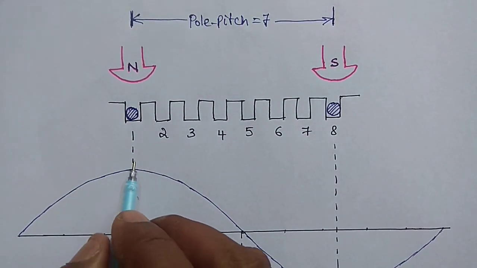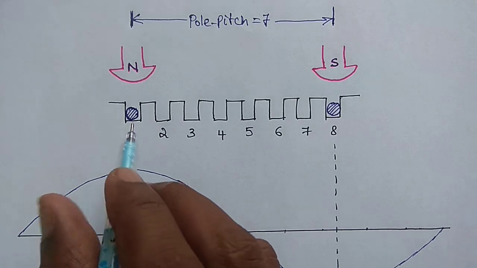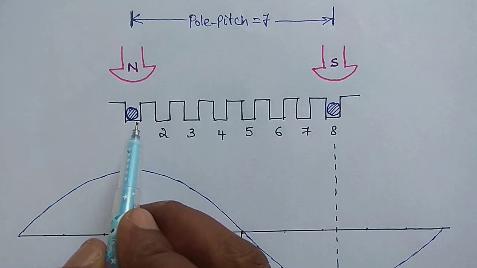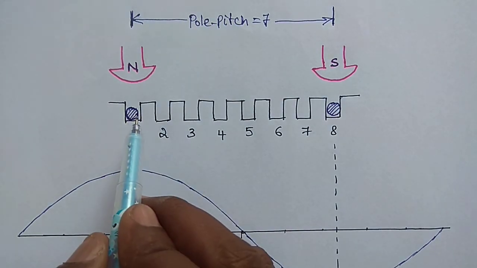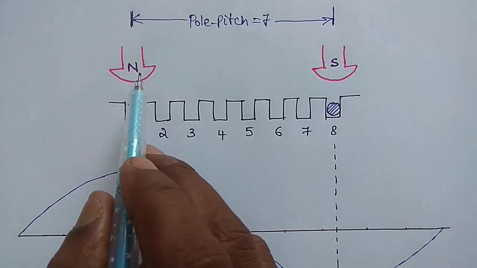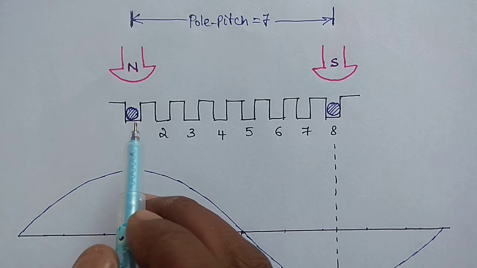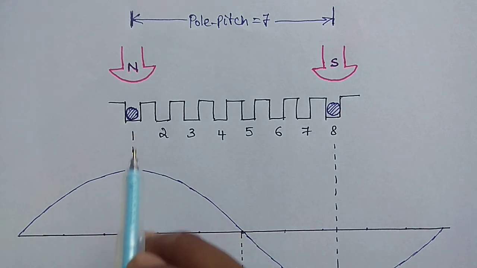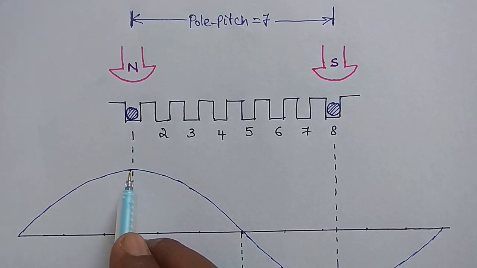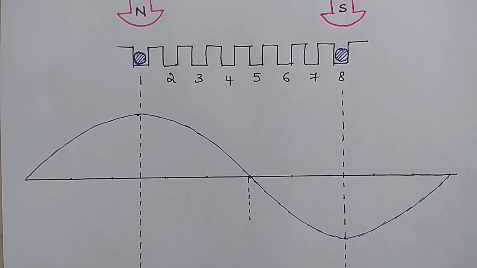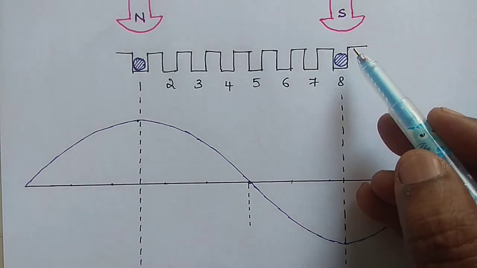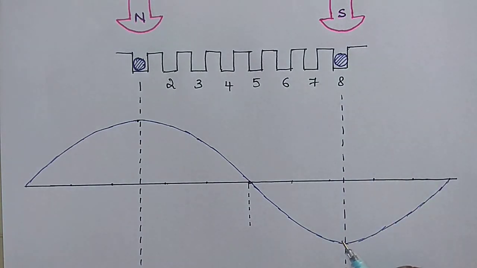Considering the EMF induced in these conductors, the conductor in slot number 1 has the maximum positive EMF, and the conductor in the 8th slot under the south pole has the maximum negative polarity, as all of you know.